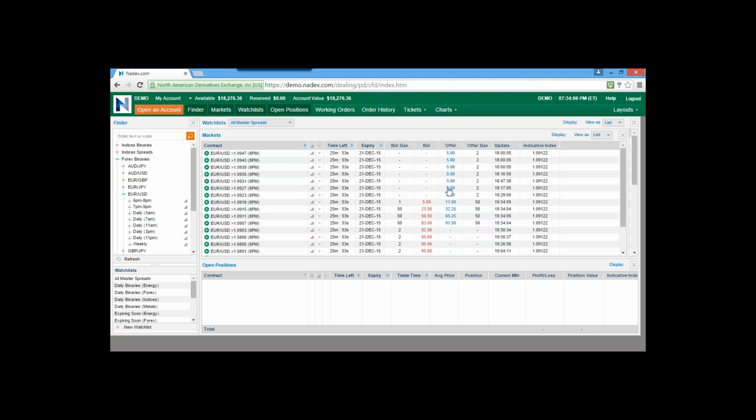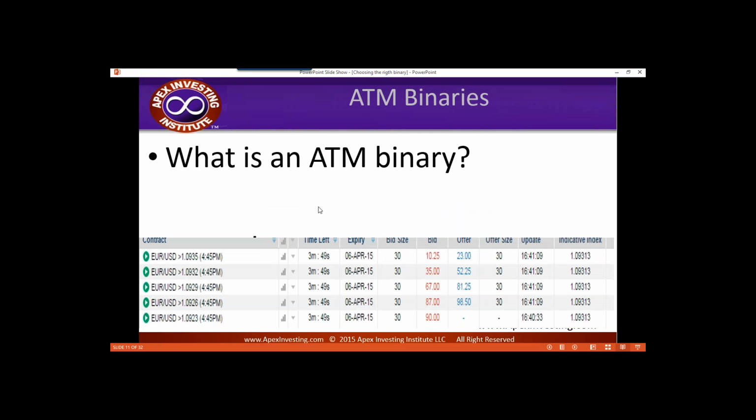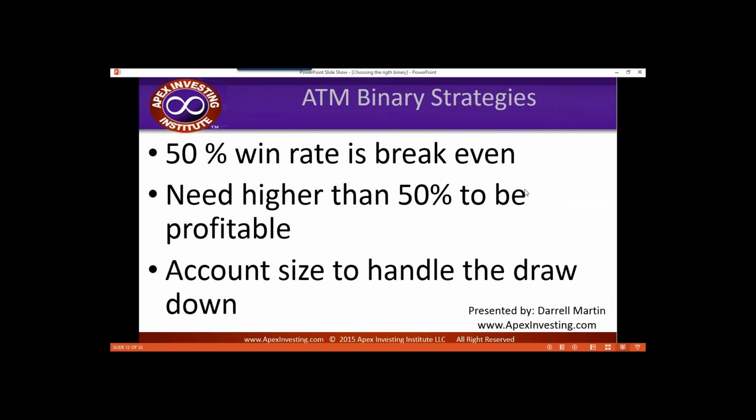You understand why the ones way up here are so cheap: they're so far from the market. Okay, and we're going to talk about those next.